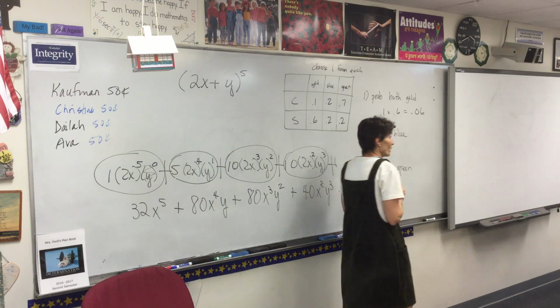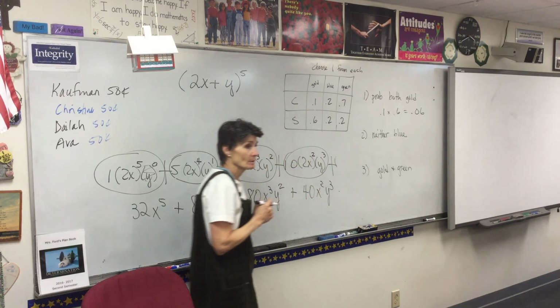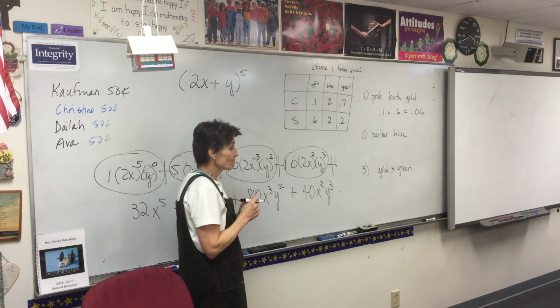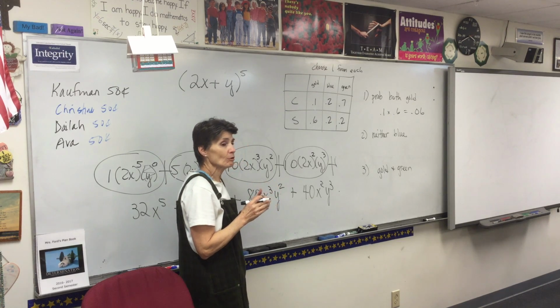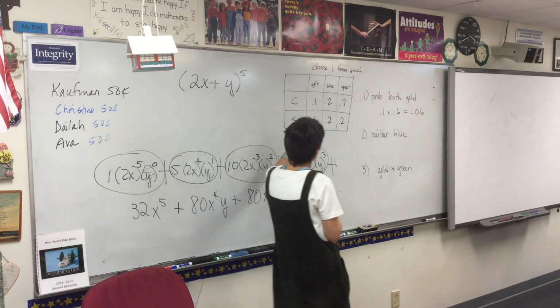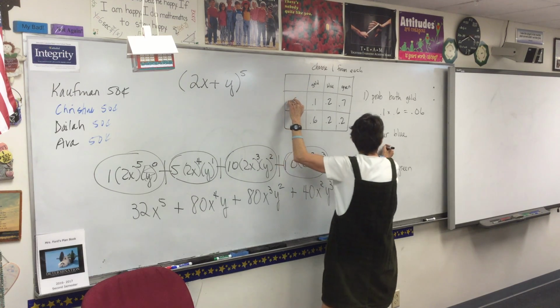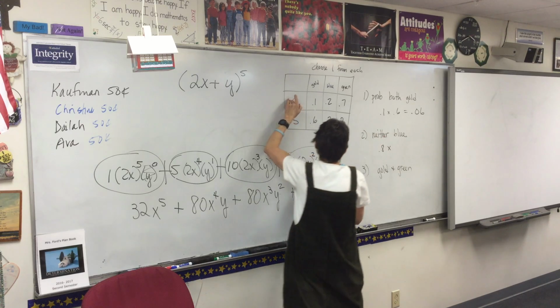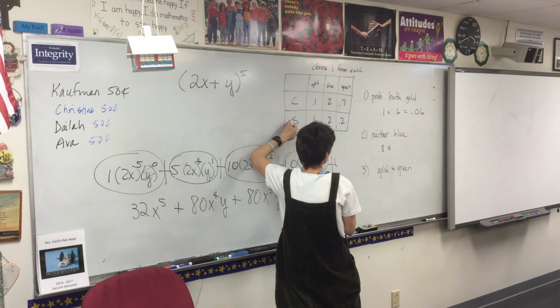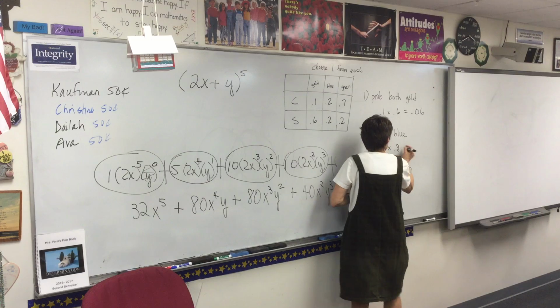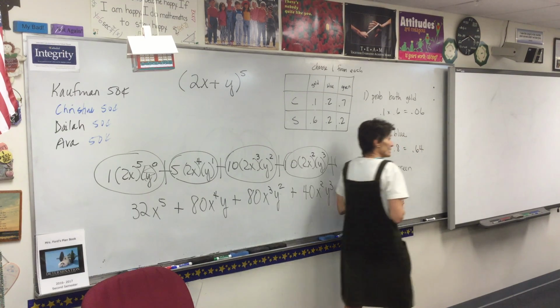So the answer is 0.06. Now, neither blue. What's the probability of no blue from Caroline? 0.8. And no blue from Stephanie? 0.8. So that answer is 1.64.